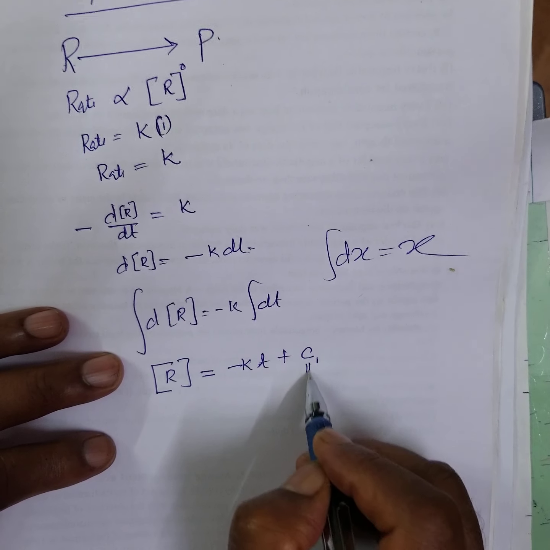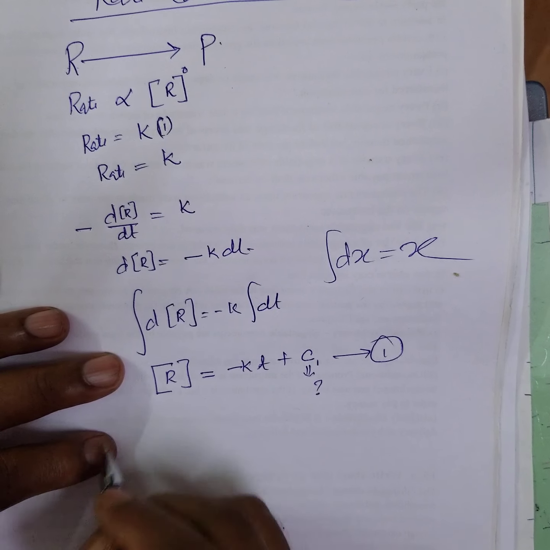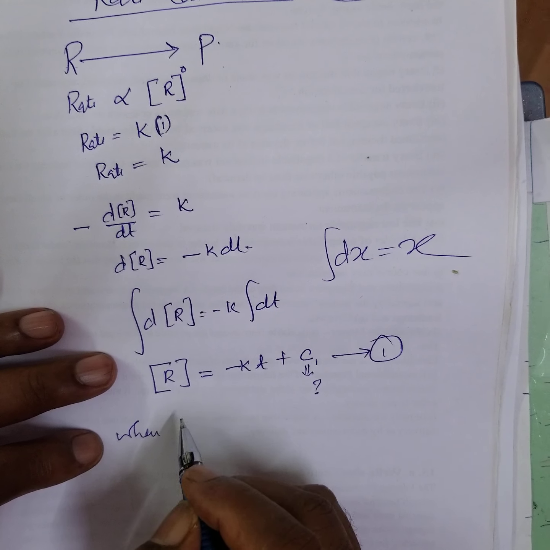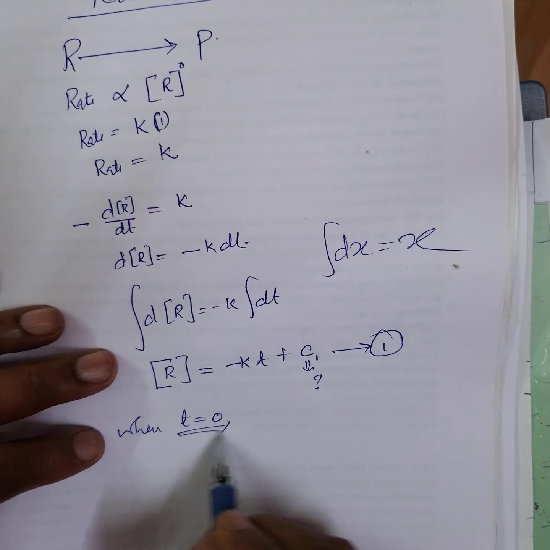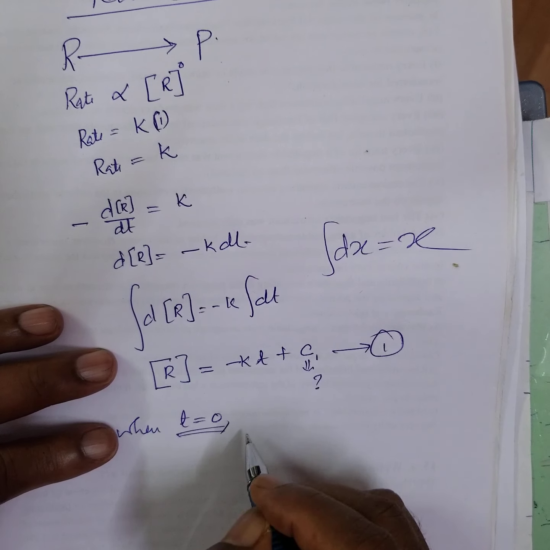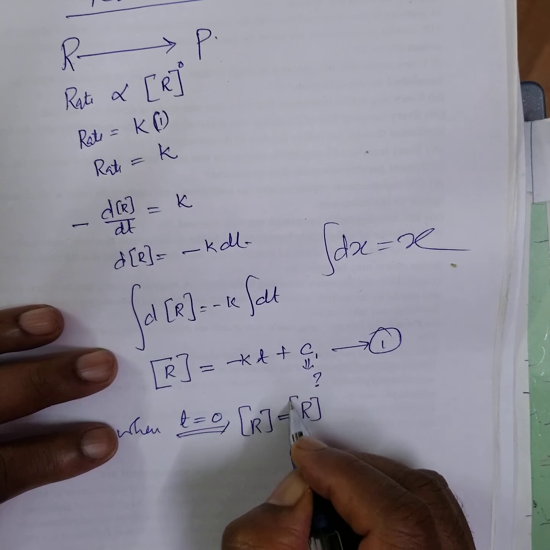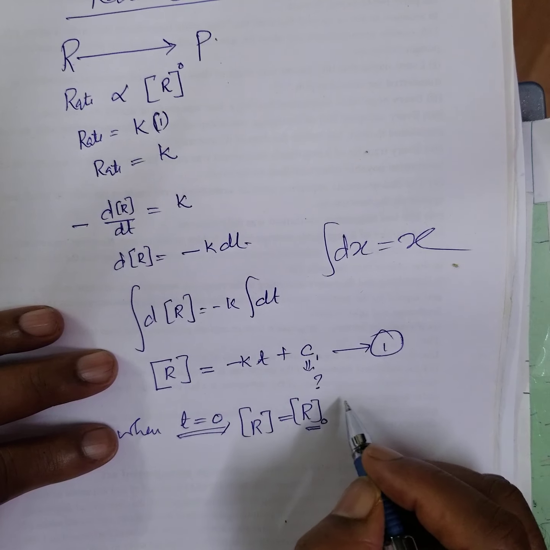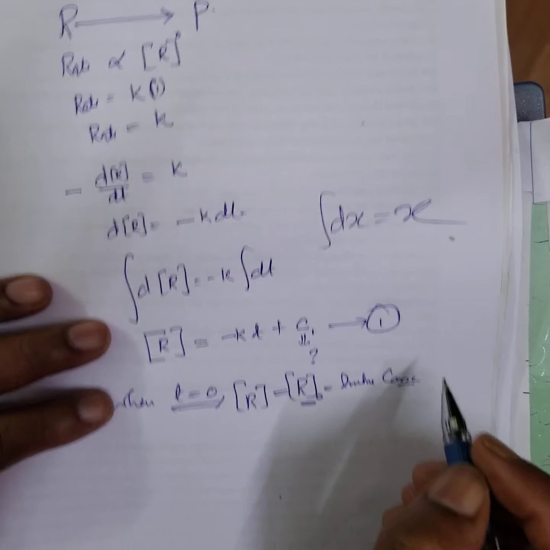How to find out this constant? This is the first equation. When t is equal to 0, when time is equal to 0 initially, then concentration is equal to R naught, the initial concentration of the reactant.